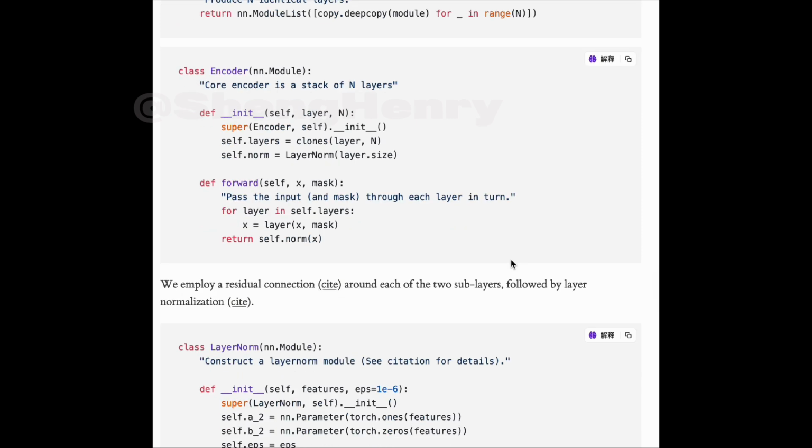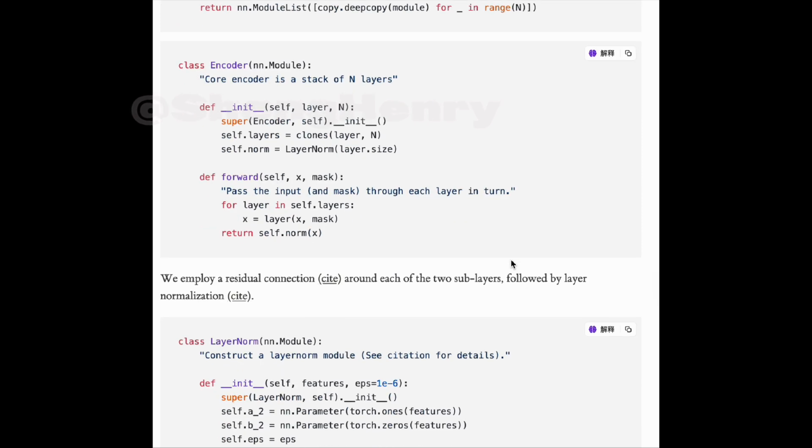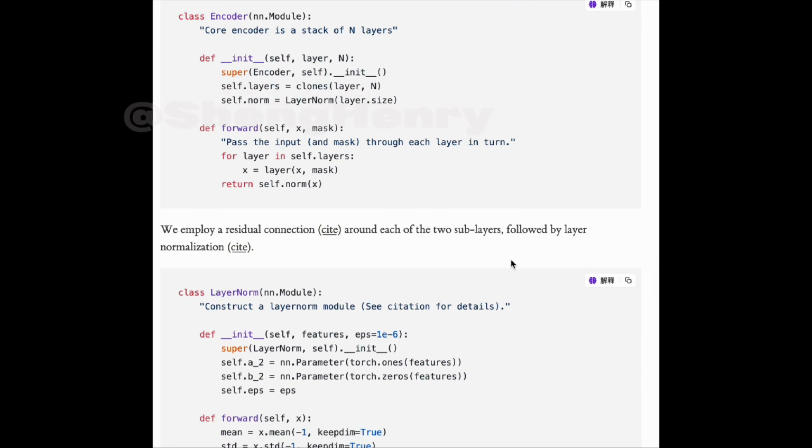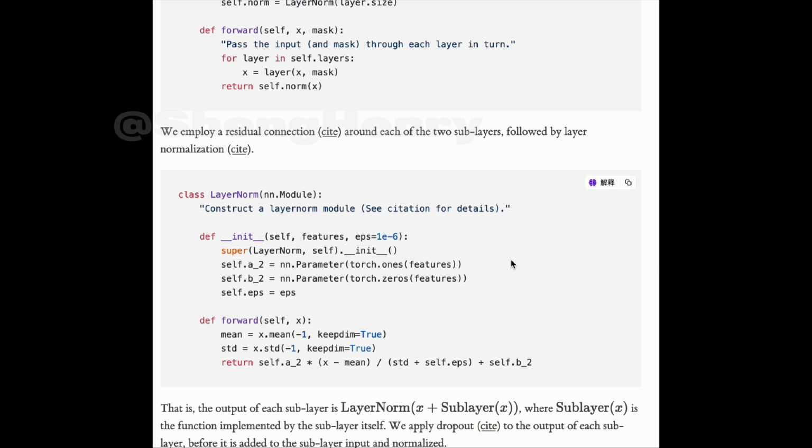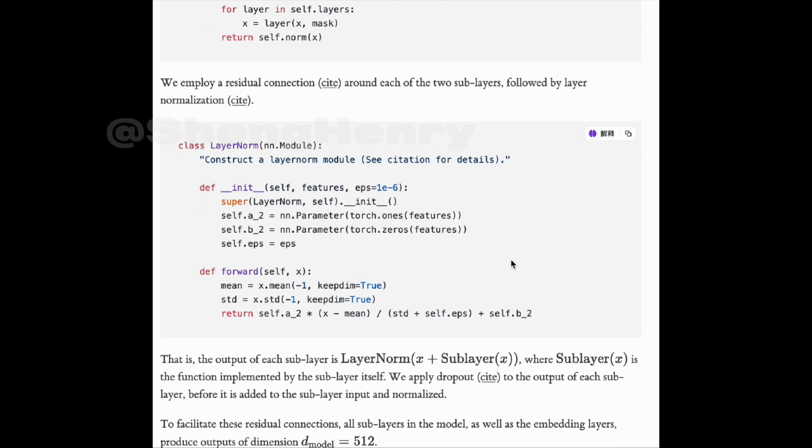The process involves three key components. The first one is called queries. It is the representation of the current token. The second one is called keys. It is the representations of all tokens in the sequence. The third one is called values. It is the corresponding values associated with each token.